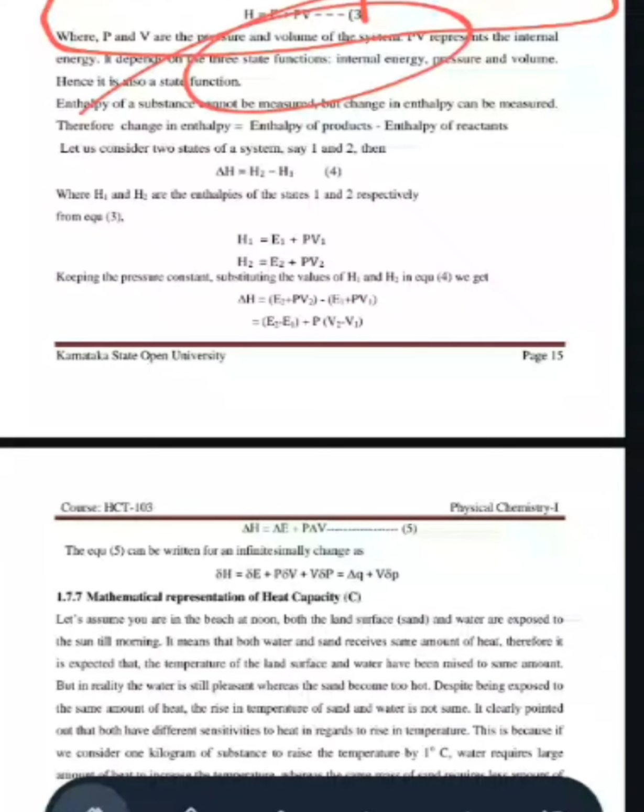Here P and V are the pressure and volume of the system, which can be kept constant. Also, the change in enthalpy means when the enthalpy varies, it is the enthalpy of the product minus the reactant. When the product is formed from the reactant, the enthalpy will vary. For example, A to B, the product has formed.